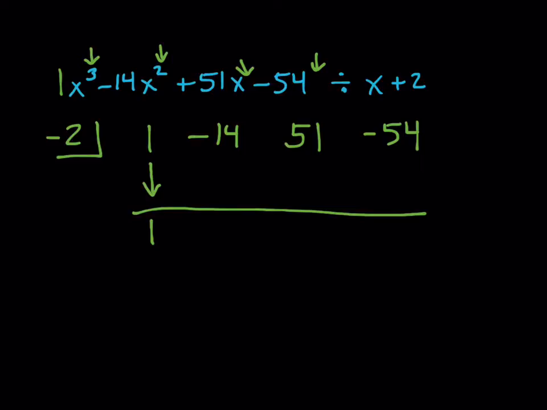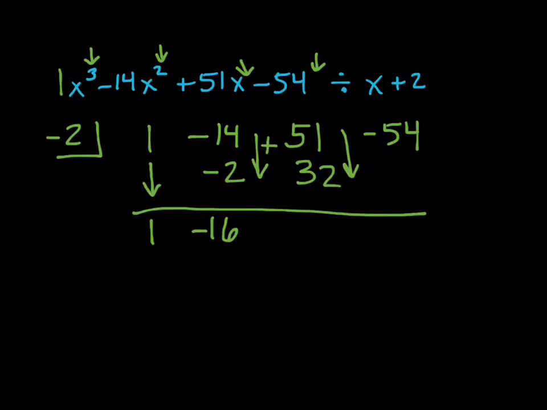To start off the process, you carry down whatever the first coefficient is to below the line. Then you multiply 1 times -2 and put that number here. Then carry these down by adding, so -14 plus -2 is -16. And then we repeat. -16 times -2 is +32, and that gets written here.